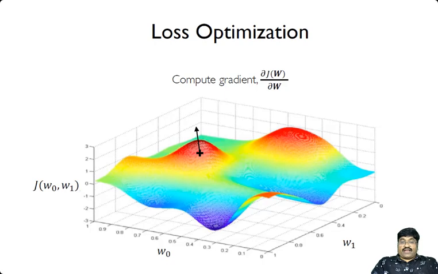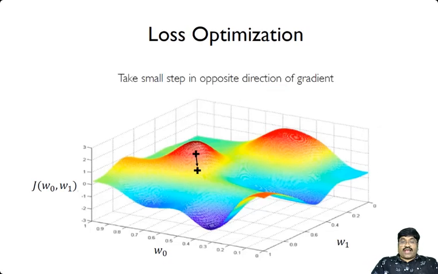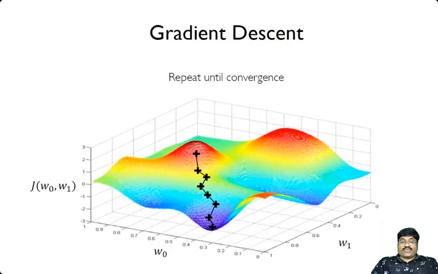That's what the gradient tells us. Now that we know which way is up, we can take a step in the direction that's down. So we reverse the sign. Now we start heading downhill and we can move towards the lowest point. Now we just keep repeating this process over and over again until we have converged to a local minimum.